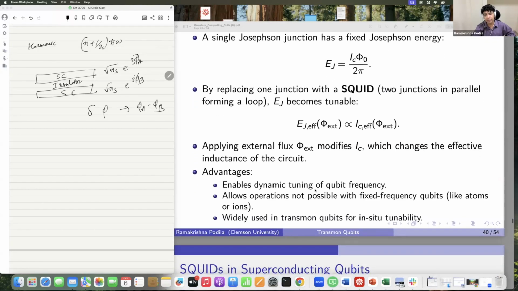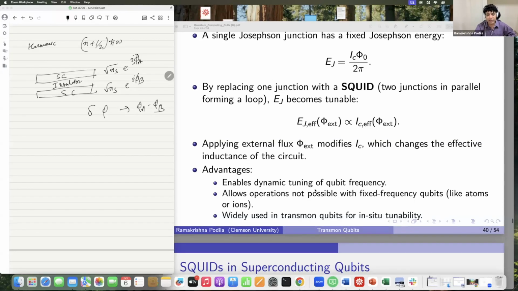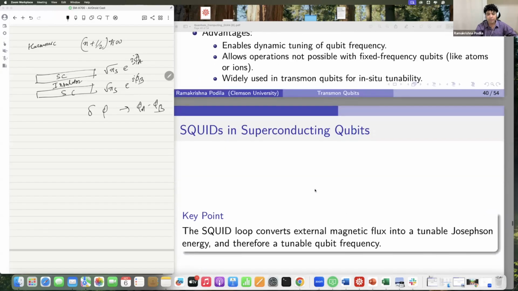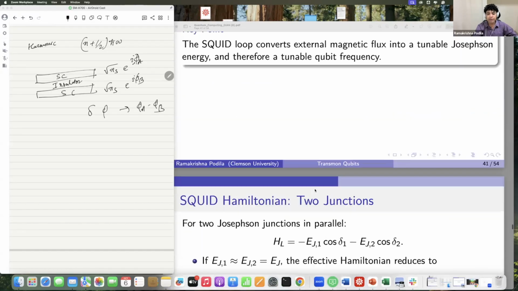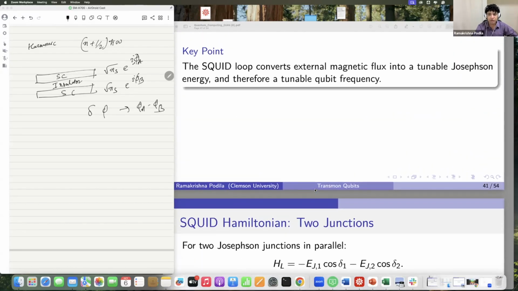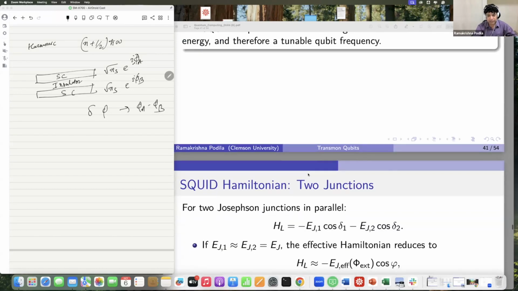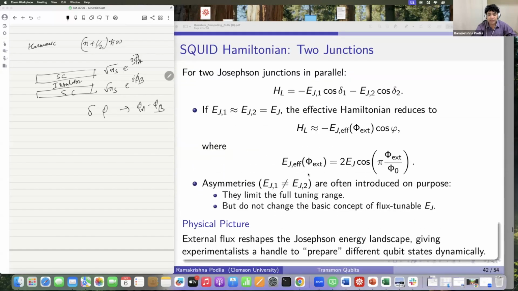And the reason we use this, like we talked about in the last lecture, this is just a recap, is it allows us to tune the qubit frequency by modulating the external flux. So a SQUID loop basically allows external magnetic flux to give a tunable Josephson energy, and therefore a tunable qubit frequency. And that's why we want to use the SQUID.